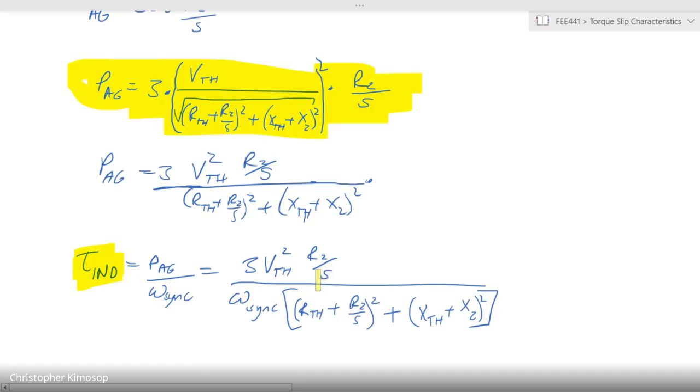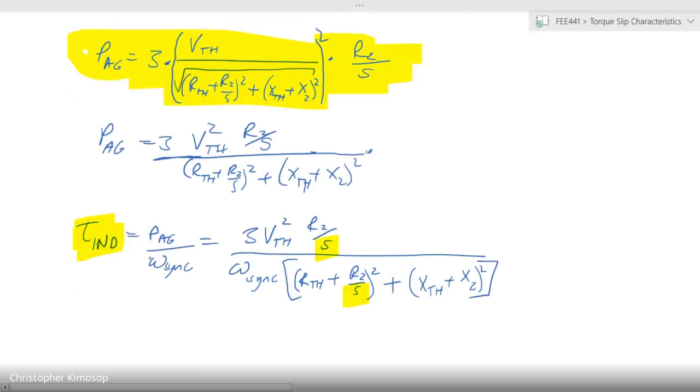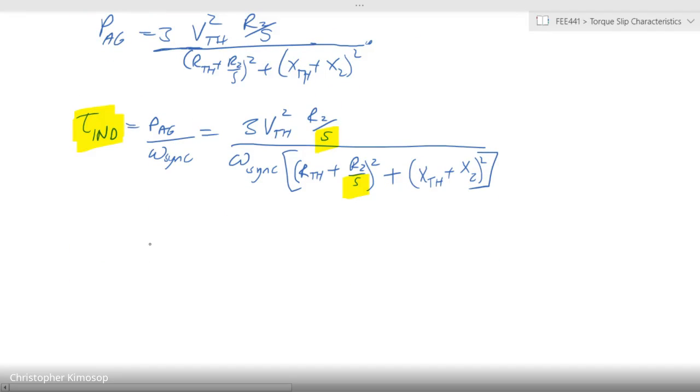Actually, the speed we are looking at is represented by those slips over there, okay? Those values of slip are directly proportional to the speed that we were talking about. Remember that slip is given by ns minus n over ns, okay? So this is fixed, and therefore the only variable is the actual mechanical speed. So slip is a good representation of speed. Okay, are we clear up to that point?